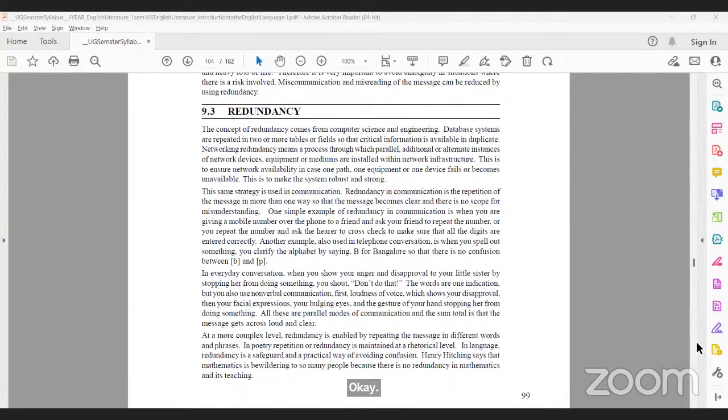See, it would not be possible to finish it. There are almost 5 to 6 chapters, maybe 6 units. It won't be possible to finish within 1 hour. So what we will do is focus on the possible questions that may arise, that have already been given at the end of each of the units. You will find that.